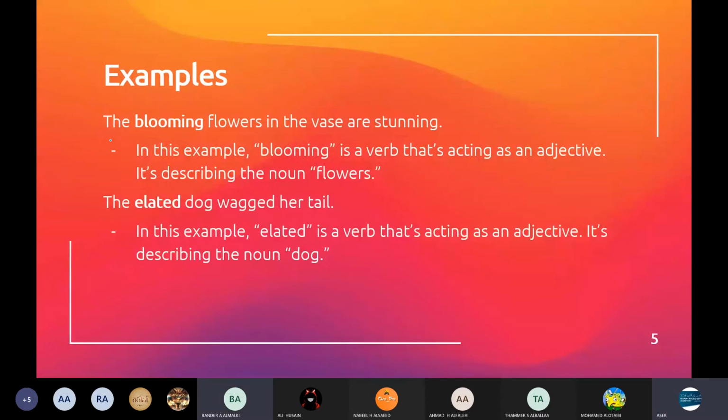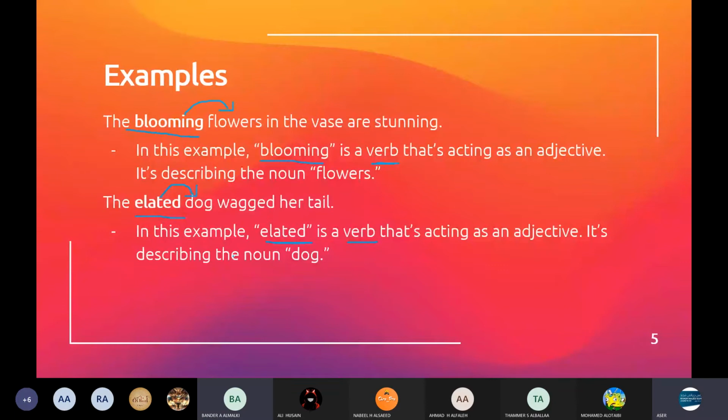Examples. Here are some examples. The blooming flowers in the vase are stunning. In this example, blooming is a verb that's acting as an adjective. It describes the noun flowers. Great. Another example, which is the elated dog wagged her tail. In this example, elated is a verb that's acting as an adjective. It describes the noun dog.